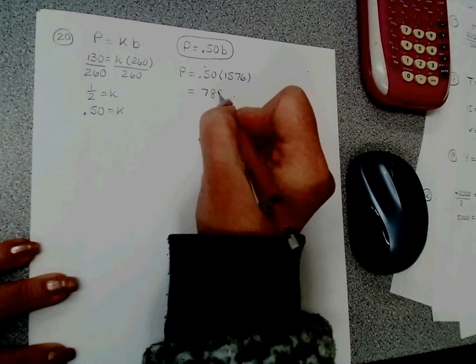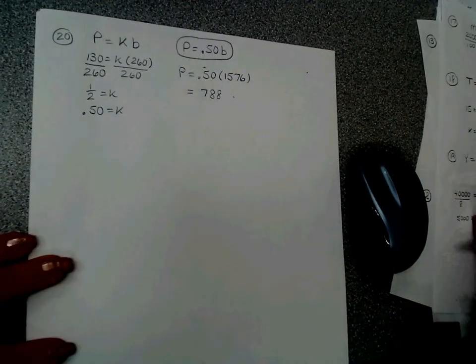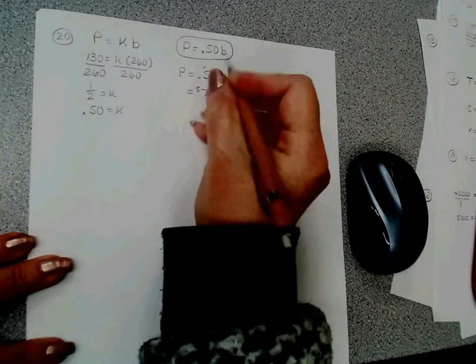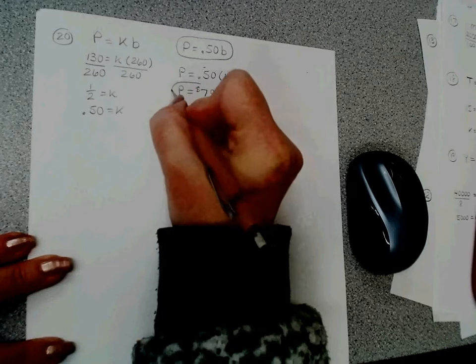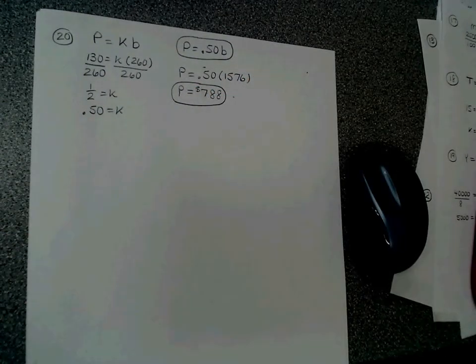With a remainder of 1, 788. I don't even trust myself. 788. And that was money, so Ryan makes $788 if he bagged 1,576 bags, according to my made-up example. All right?